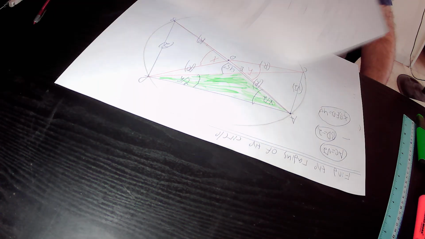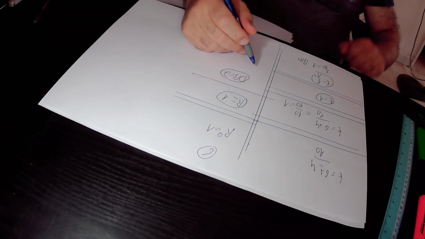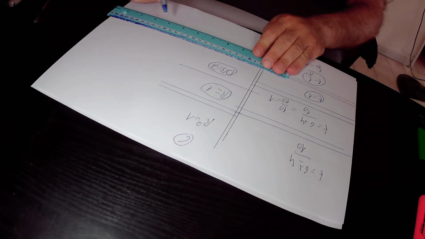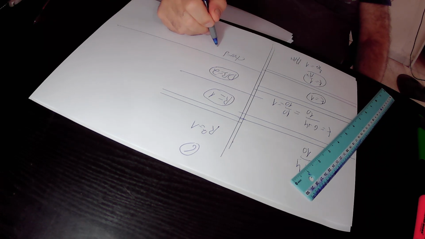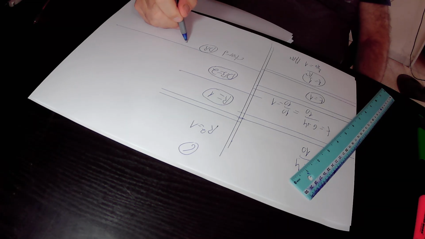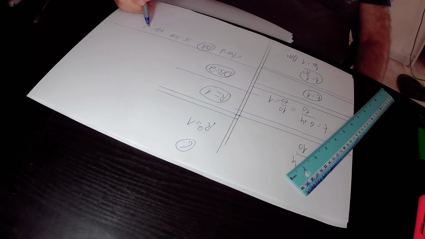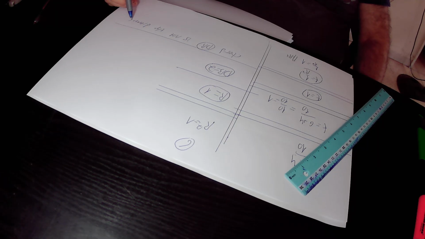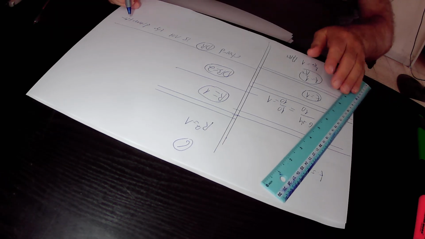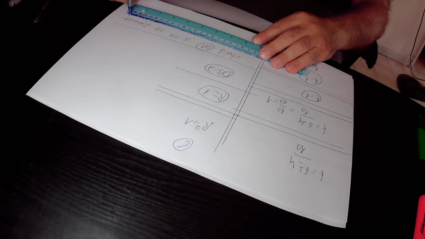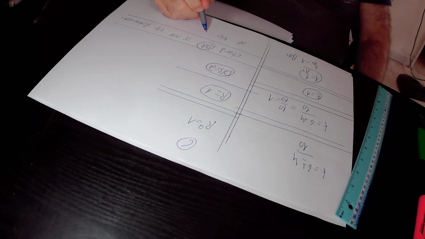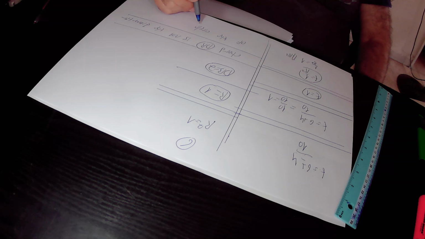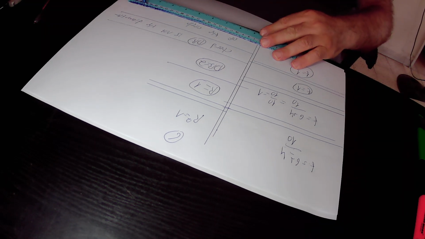So I write it down. Chord dB is not the diameter of the circle.